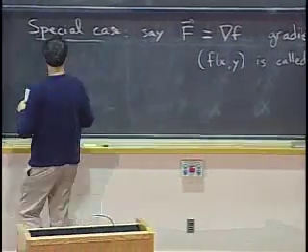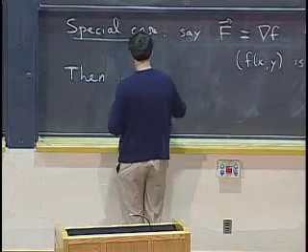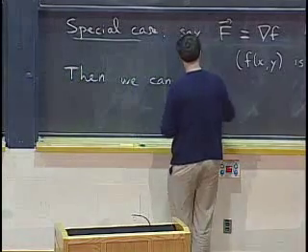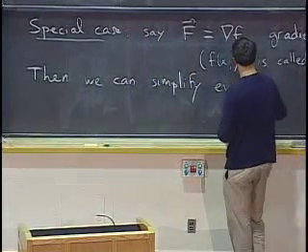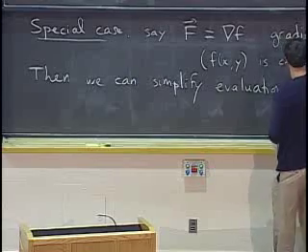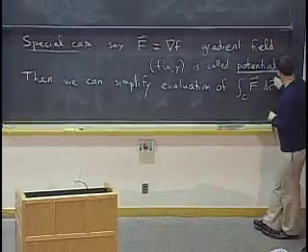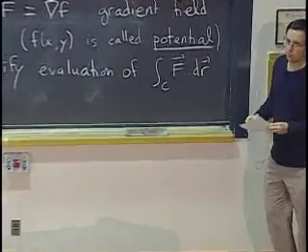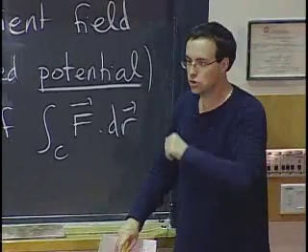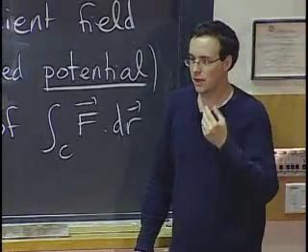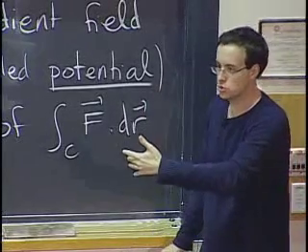So then I claim we can simplify the evaluation of the line integral for work. Okay? So perhaps you've seen in physics the work done by, say, the electrical force is actually given by the change in value of a potential from the starting point to the ending point.